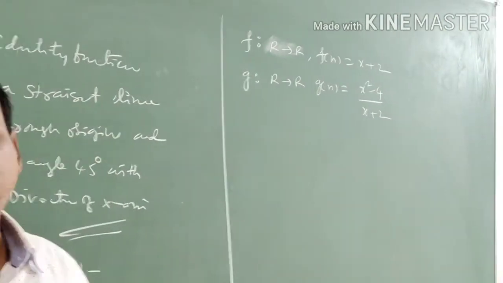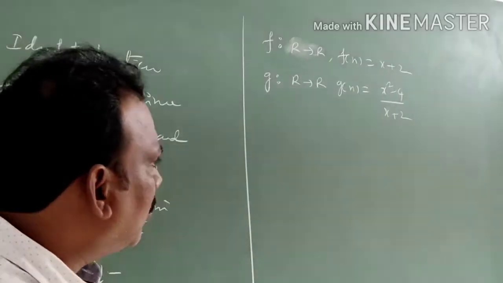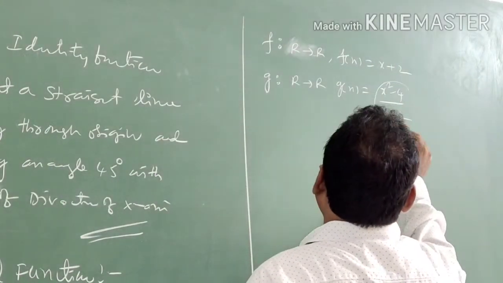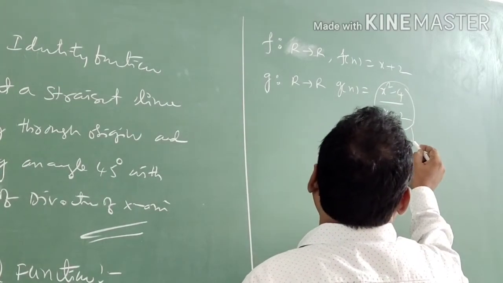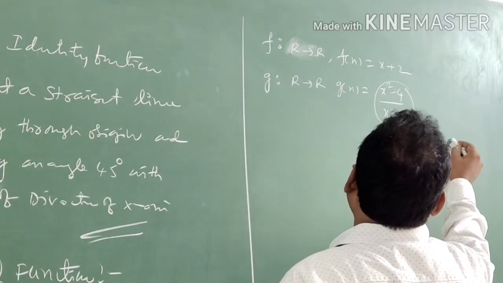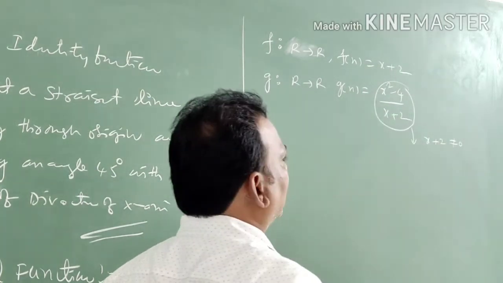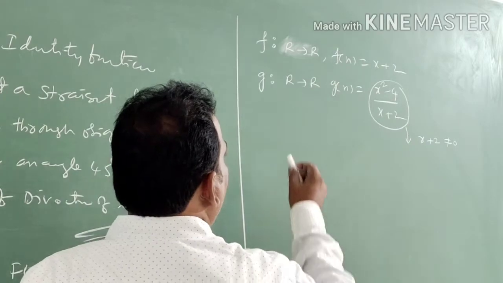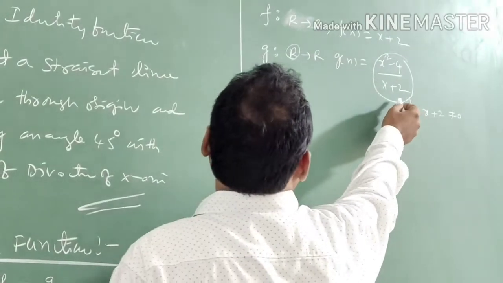These are the two functions given. So you know that this is a rational function. It will be defined when the denominator is not equal to 0. Clear or not, students?